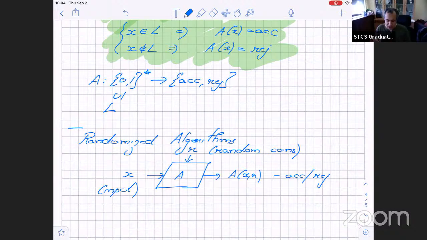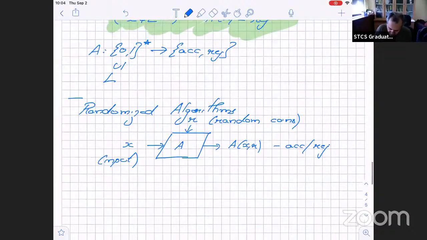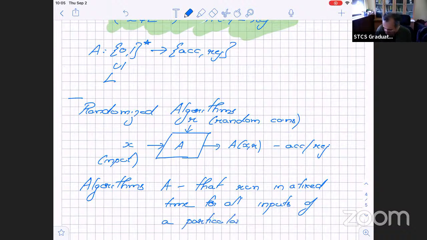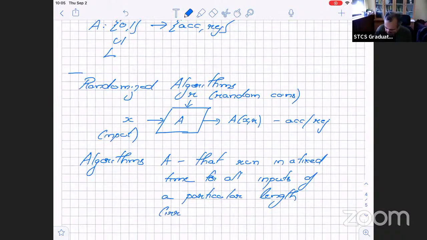We will consider a slightly more general class a little later, but for now, let's work with algorithms A that run in a fixed time for all inputs of a particular length, irrespective of the random coins.